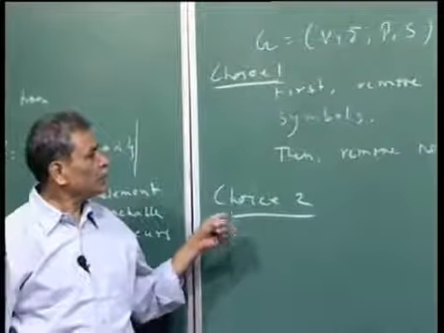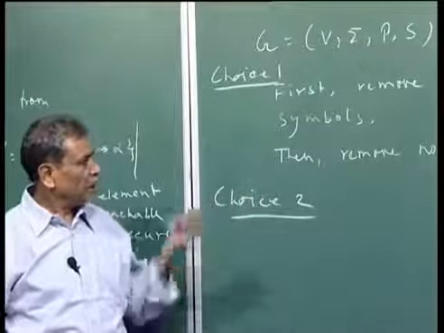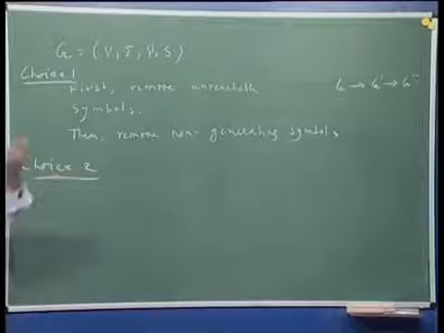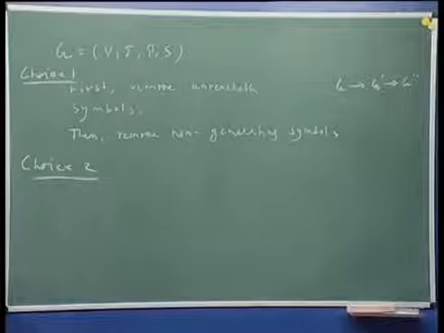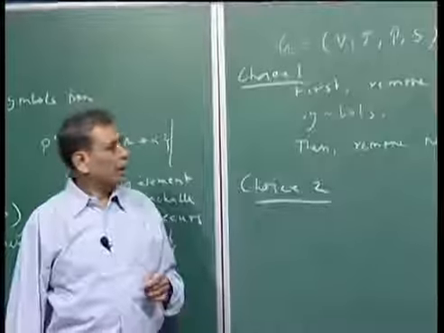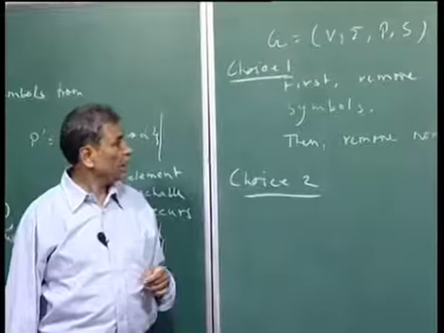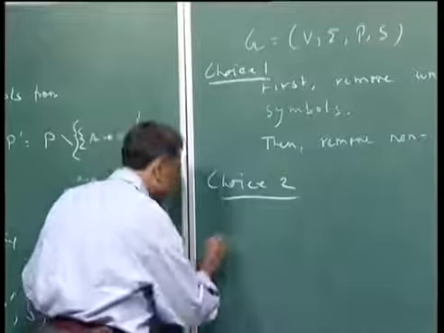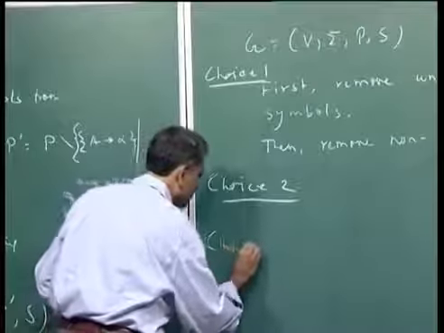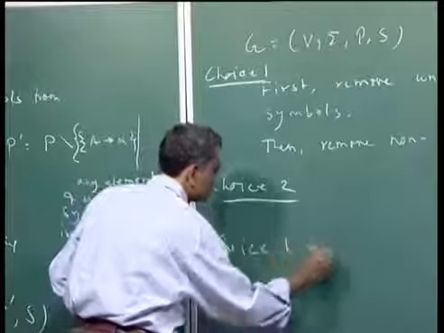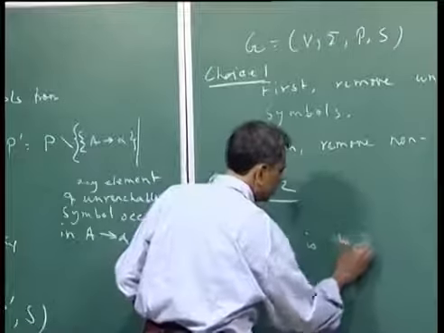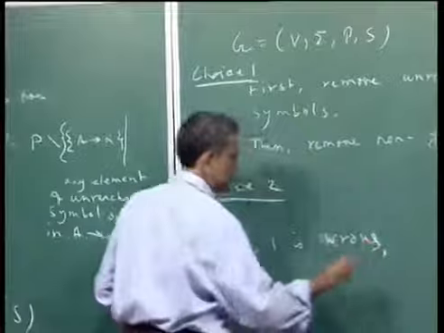And in choice 2, I first remove all the non-generating symbols and then remove all the unreachable symbols. What I would like to point out is that choice 1 is wrong, but choice 2 is correct.